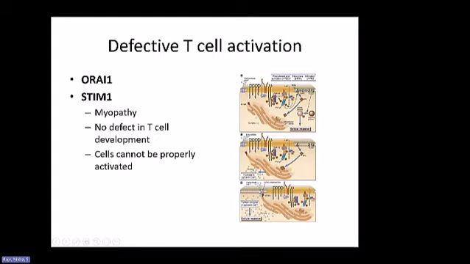This CRAC channel has a protein named ORAI1. So a defect in ORAI1 in the CRAC channel or STIM1 in the endoplasmic reticulum can lead to a defect of T cell activation with myopathies. So think of calcium and myopathies together. The T cell development is fine. It's the signaling that's affected.